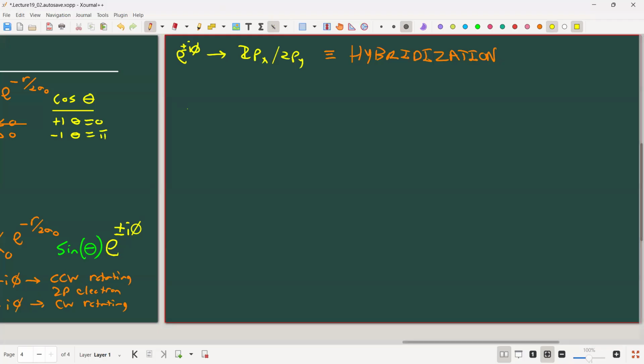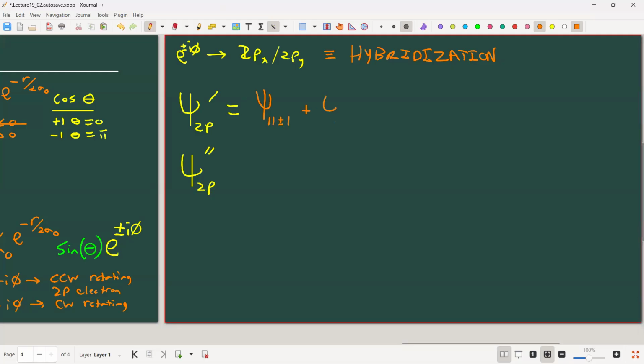So what I'm going to look at now is I'm going to create two new wave functions for our 2p orbitals, psi and psi prime, which are going to be equal to phi 1 plus 1, plus phi 1, sorry, this is the plus 1 state and the minus 1 state.